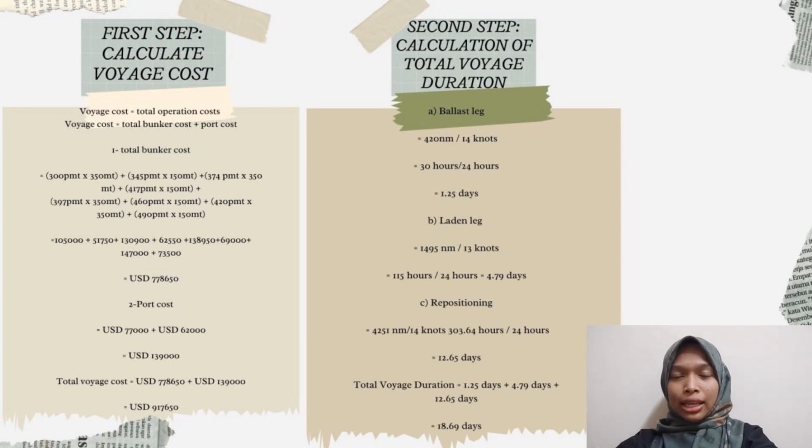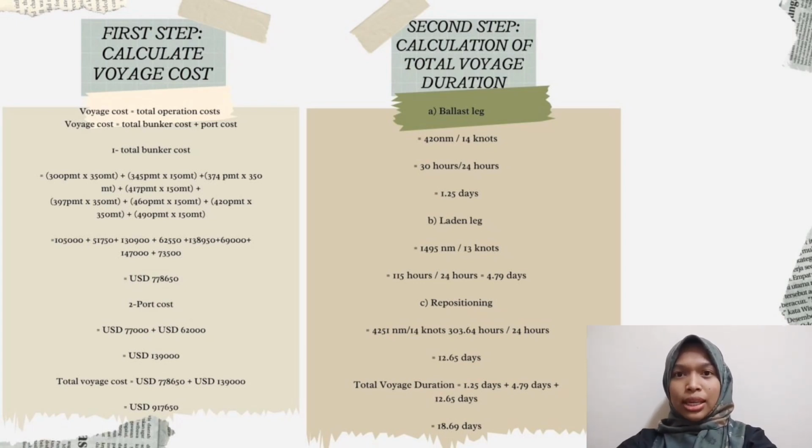A. Ballast leg: 420 nautical miles divided by 14 knots equals 30 hours divided by 24 hours equals 1.25 days. B. Laden leg equals 1,497 nautical miles divided by 13 knots equals 115 hours divided by 24 hours equals 4.79 days.